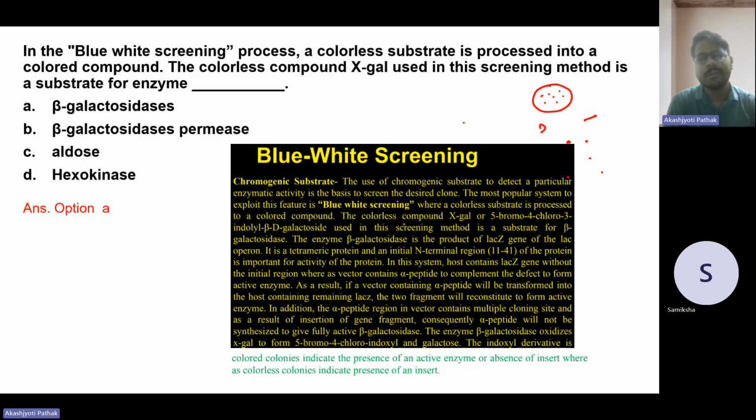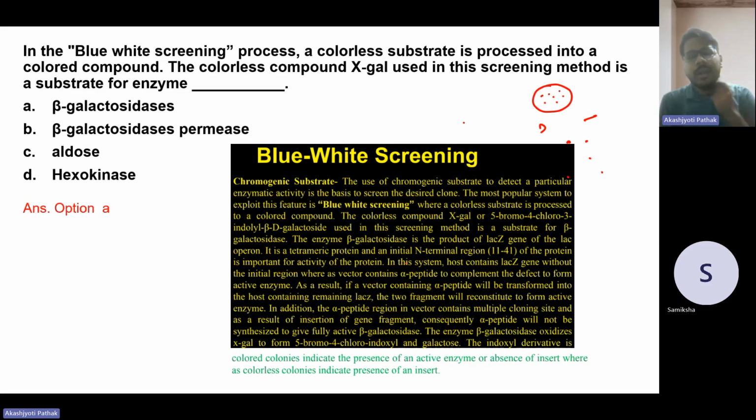The colorless compound is X-gal, which is the commercial or common name. It is actually 5-bromo-4-chloro-3-indolyl beta-D-galactoside. This is used in the screening method, and it is a substrate for beta galactosidase. This beta galactosidase enzyme will act on the X-gal, and what happens?